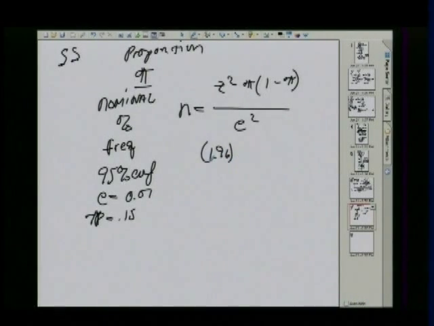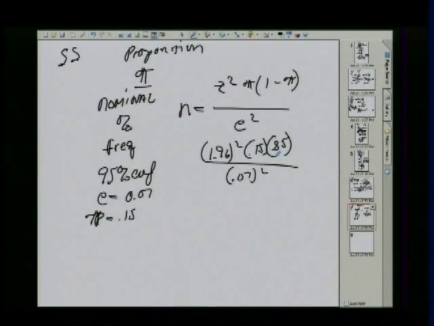So z squared, z is based on 95% confidence. Because it's a sample size problem, I still could have error in both directions. So it's just going to be 1.96 squared. E squared, remember, is going to be 0.07 squared, and the proportion, I think, is 0.15. So I'm going to use that, and then 1 minus that would be 0.85. 0.85 times 0.15, multiply those, then multiply by 1.96 squared and divide by 0.07 squared.